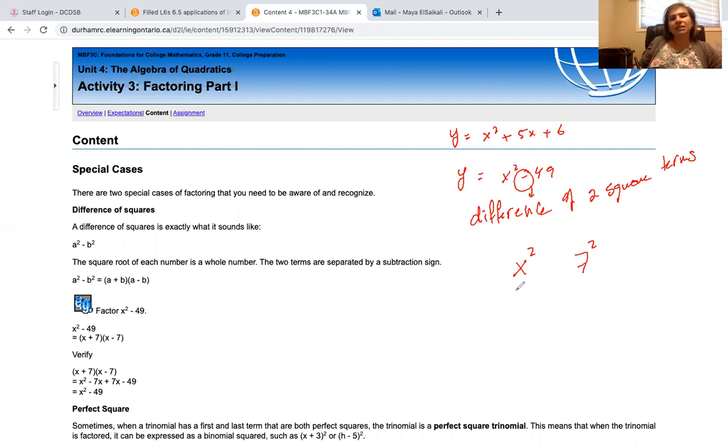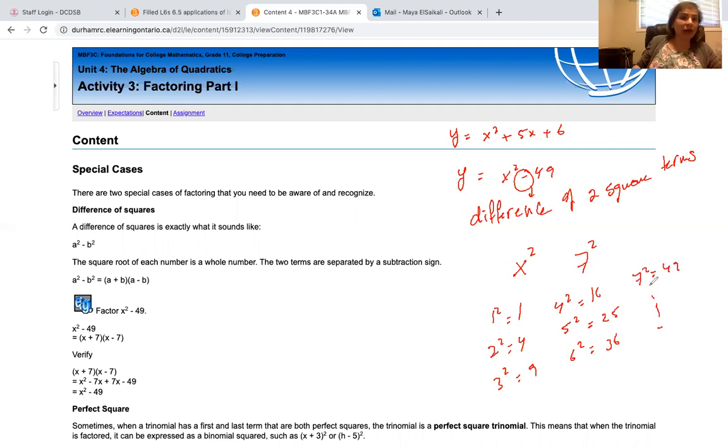There are these special perfect square numbers. 1 squared is 1, 2 squared is 4, 3 squared is 9, 4 squared is 16. You should be able to recognize these numbers. 5 squared is 25, 6 squared is 36, 7 squared is 49, and so on and so forth.